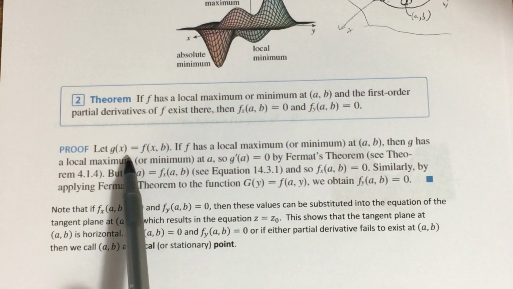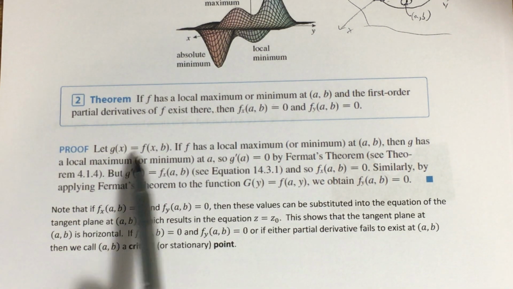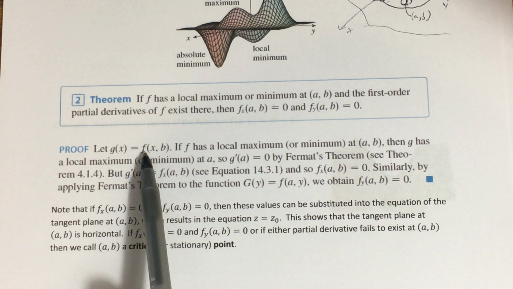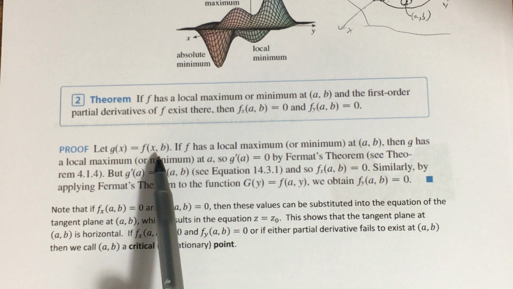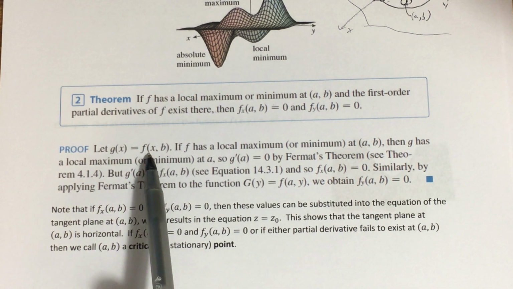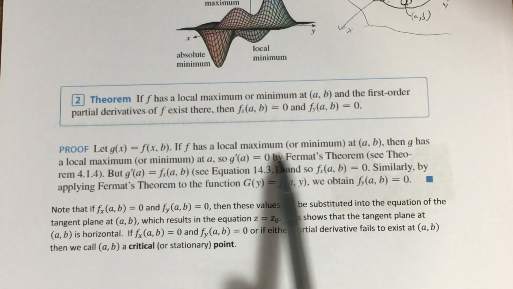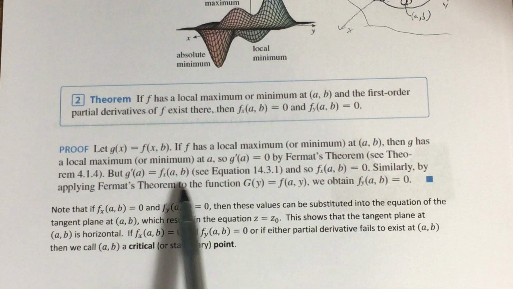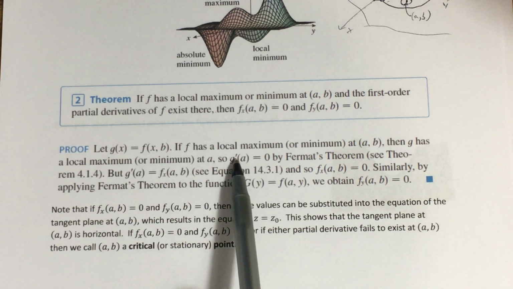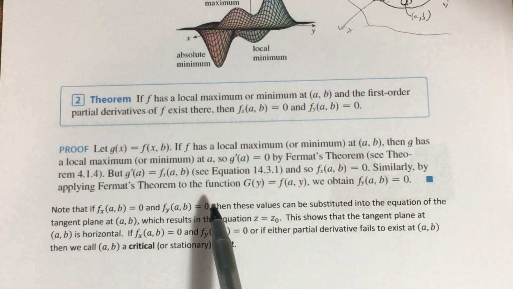Okay, and it's easy enough to see why that's the case, because again, f of (a, b) should be the largest, if we're talking about a maximum, value of f within a small disk surrounding this. So the largest possible value we can get out of this is if we plug a in. But Fermat's theorem, which I just mentioned a second ago, would imply that g prime of a is equal to 0.